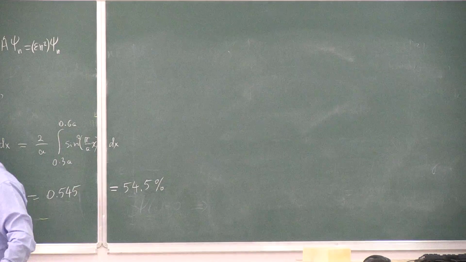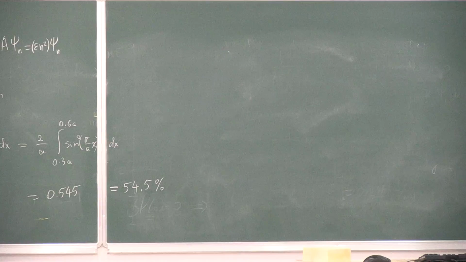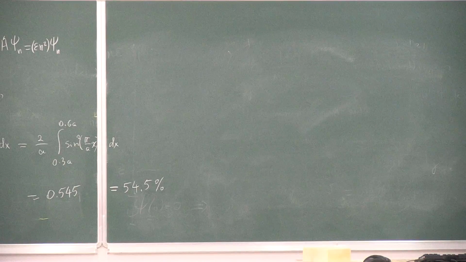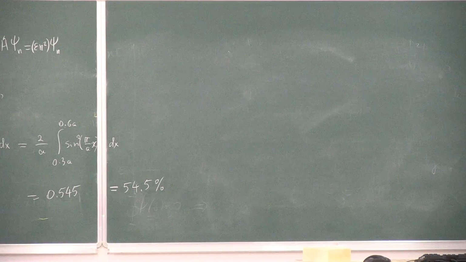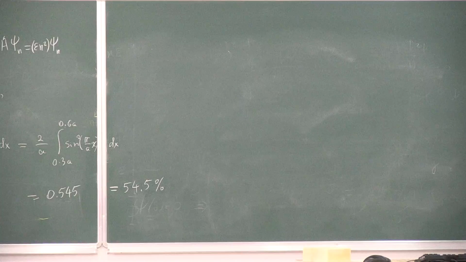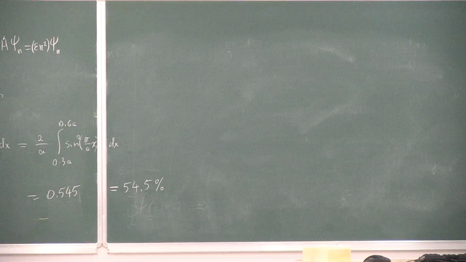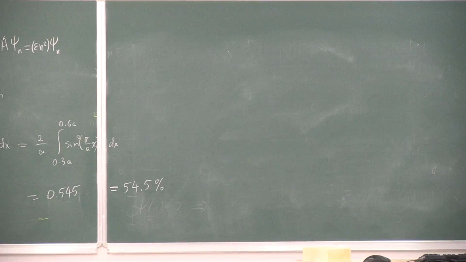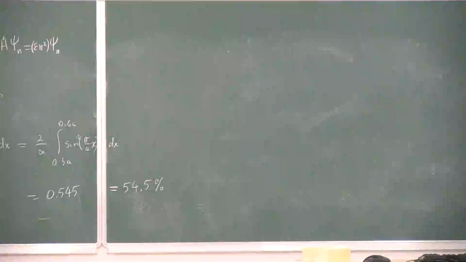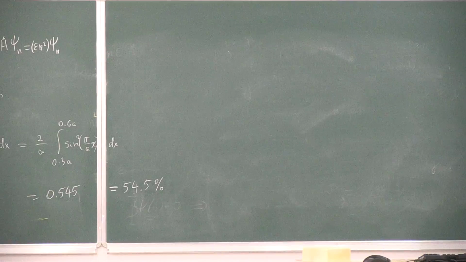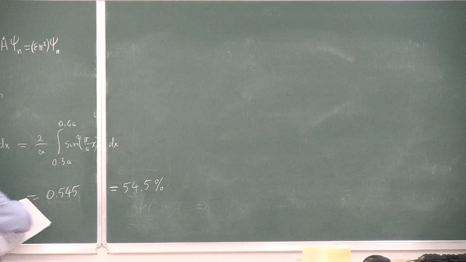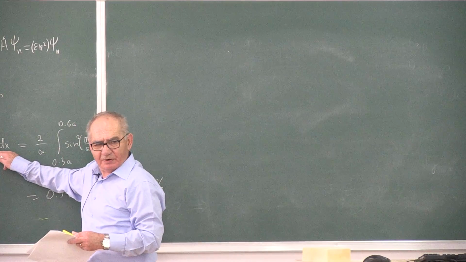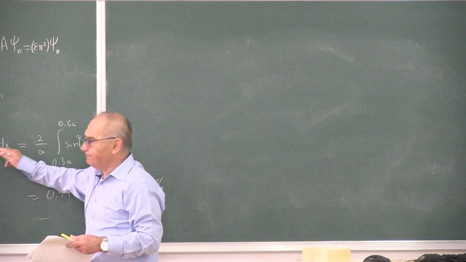Now, if we repeat this calculation for other states, we have the results in the exercise. For example, in the first excited state. What is the first excited state here? Which n? n equals 2. The state function is psi 2. You put n equals 2 here. The rest is the same. Instead of psi 1 square, you will use psi 2 square.